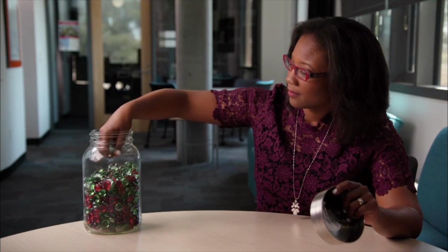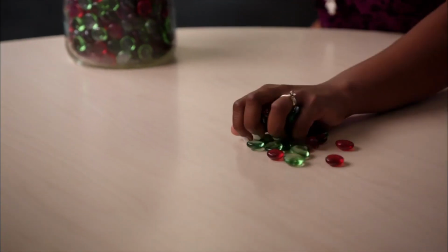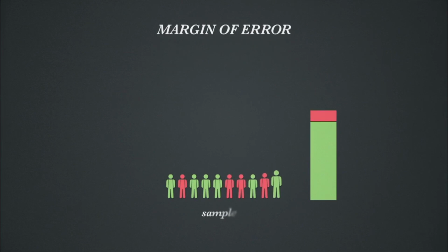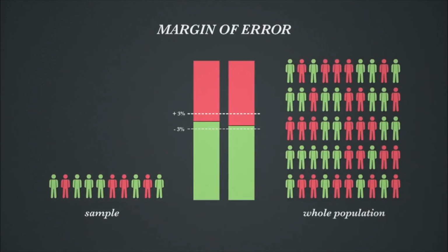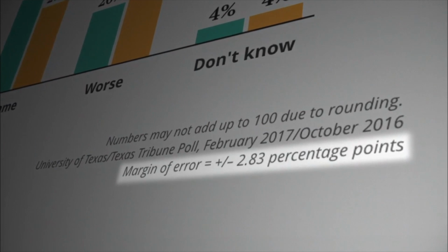So the plan is to randomly sample the beads. But how many? That depends on how much accuracy Talithia wants. One measure is the margin of error, the maximum amount the result from the sample can be expected to differ from that of the whole population. It's the plus or minus figure, often a percentage, you see in the fine print in polls.